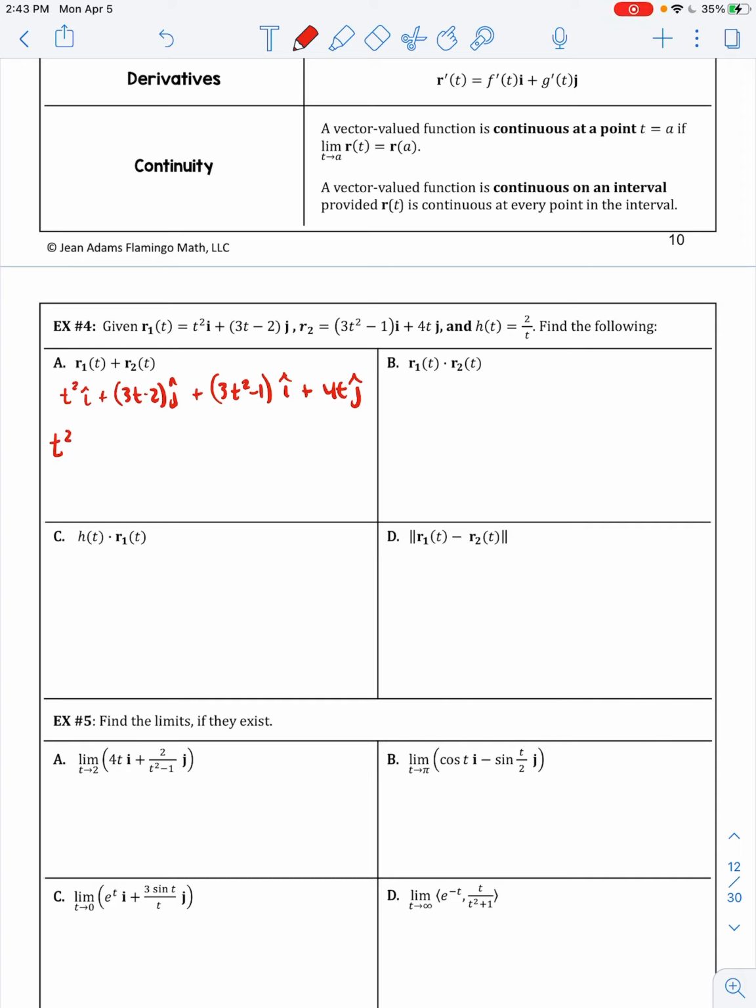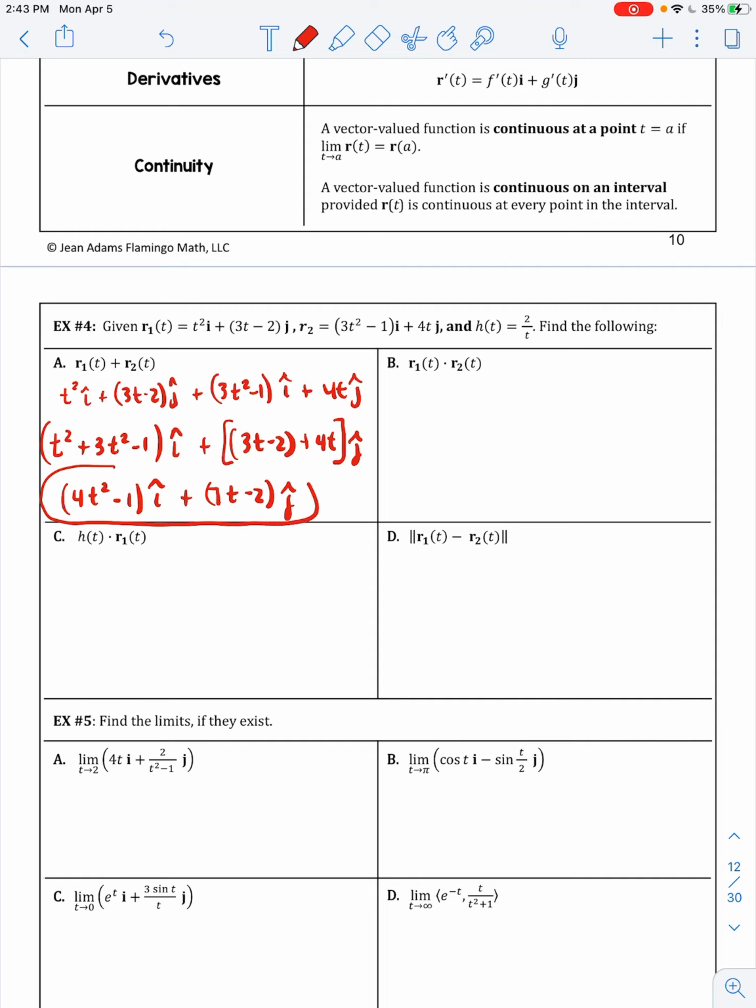So I can say, well, I've got t squared plus 3t squared minus 1 times i, plus I've got my 3t minus 2 plus my 4t all times j. And then when I add those, I get 4t squared minus 1 i plus, this would give me 7t minus 2 j.